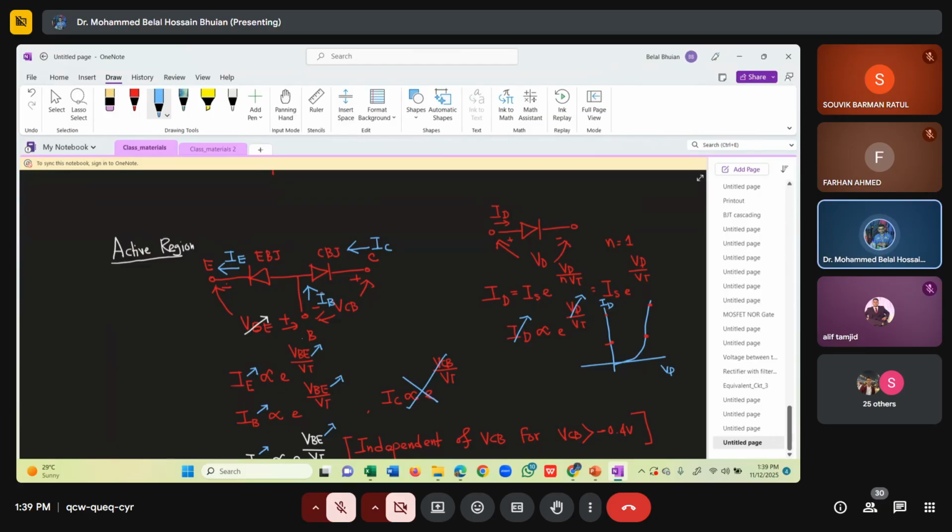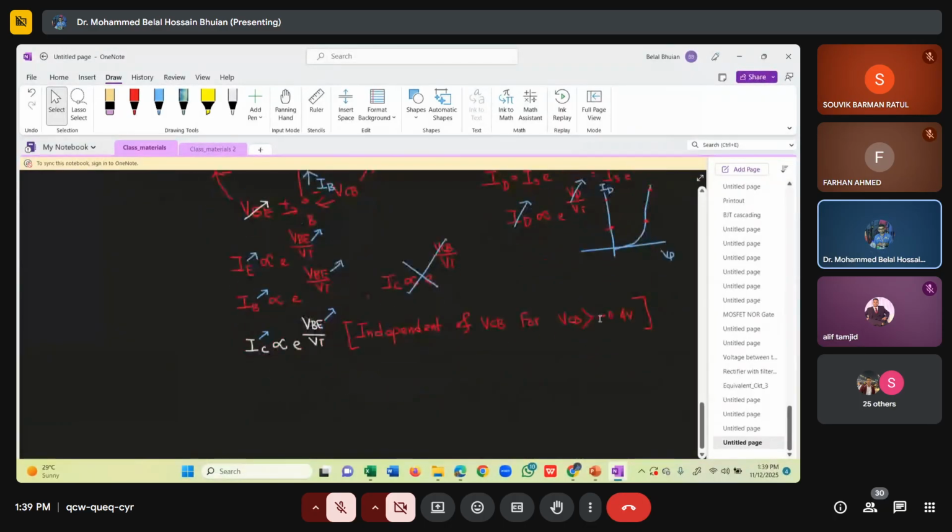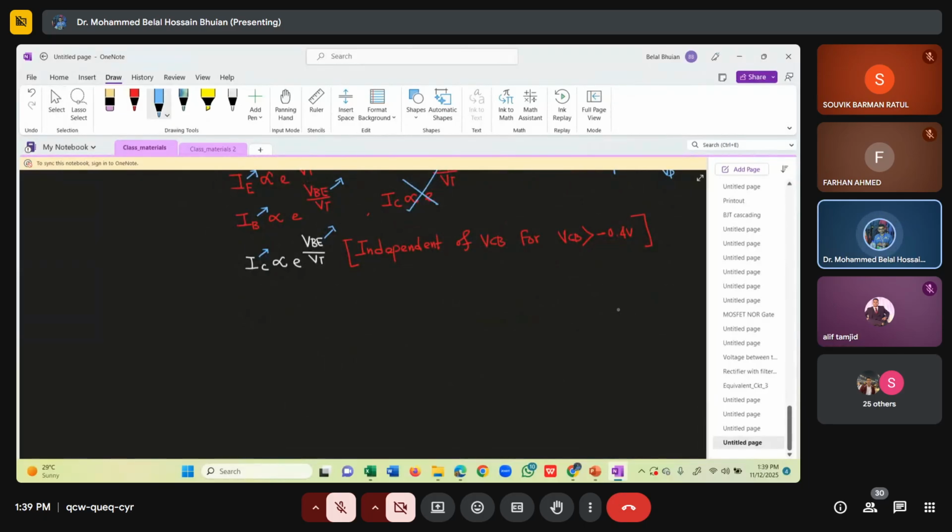Okay, so that is the characteristic of the BJT in active mode, and that is the reason it looks like this. So if I draw the IV characteristics of the BJT, you're going to find this. If this is our IC, collector current, and this is our VCB, the voltage we apply, you're going to find the IV characteristics look like this.